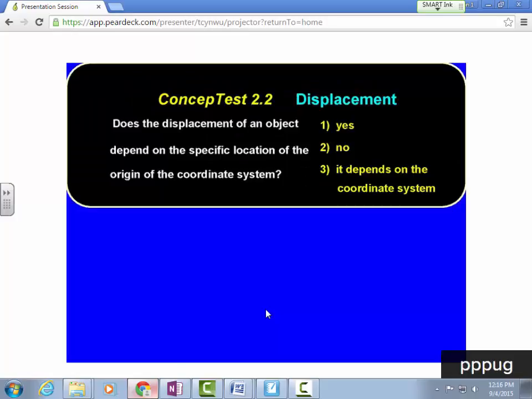Does the displacement of an object depend on the specific location of the origin of the coordinate system? I'll give you some time for this. I'll give you a minute.